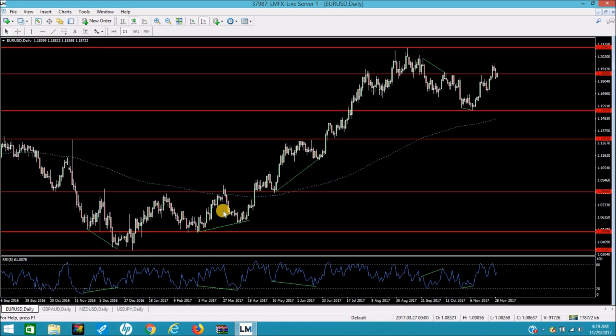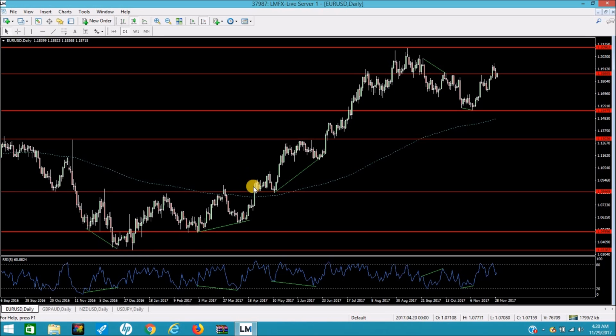Remember, an uptrend is making higher highs and higher lows. That lets you know it's an uptrend. Here we have our low, high, low, high. So we already know this is a clear uptrend.